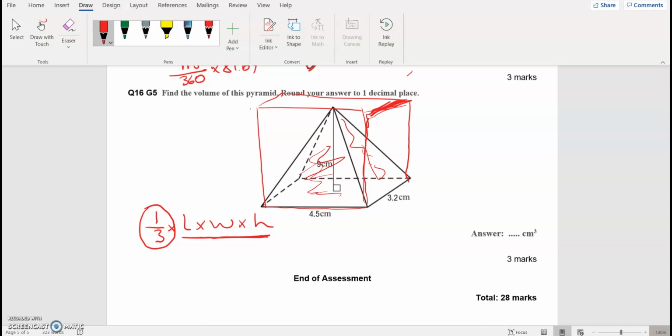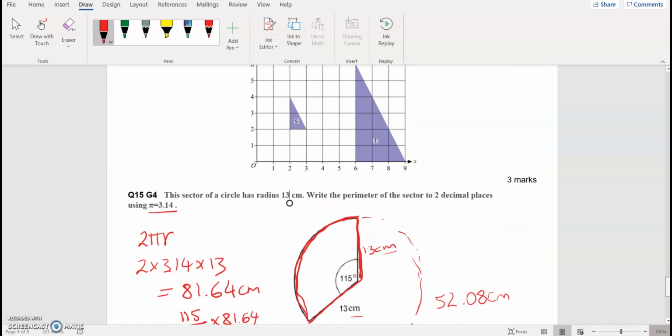So we'll go, we have 4.5, we have 3.2 and we have 9. If we can't see this very clearly, I can erase bits of it. So we'll go 4.5 times 3.2 times 9, and then all of this will be divided by 3. In this case, we can use a calculator.